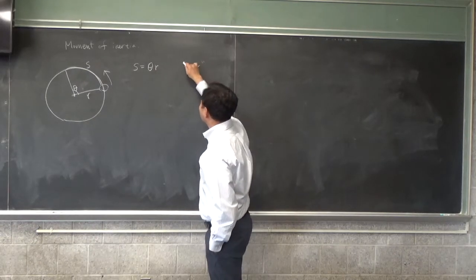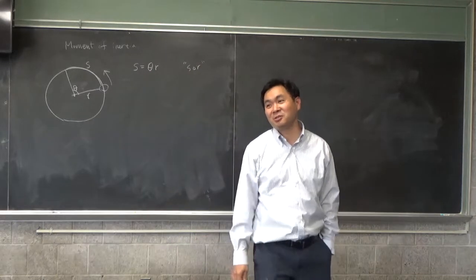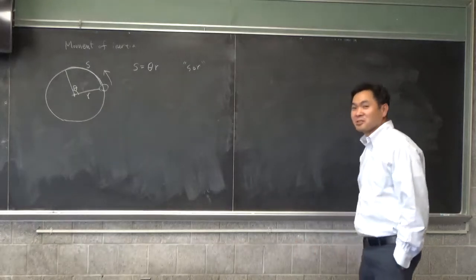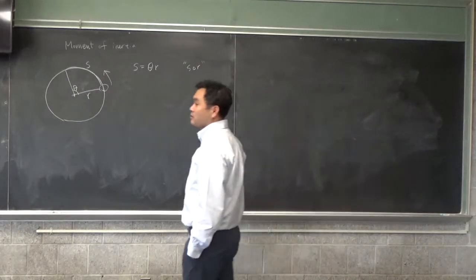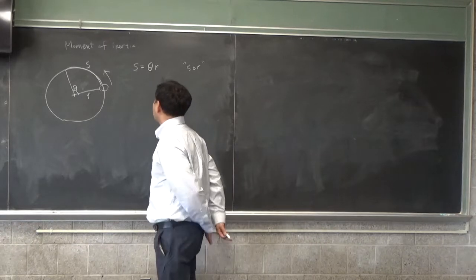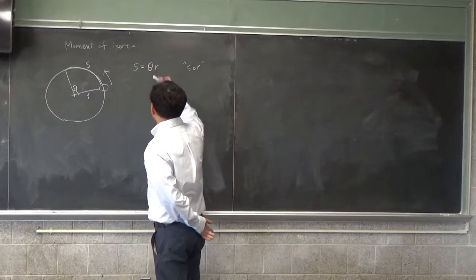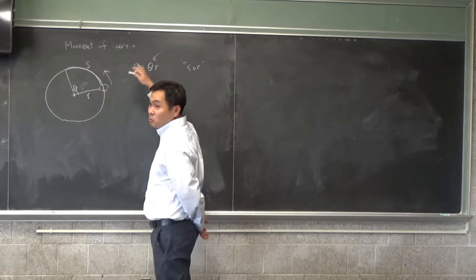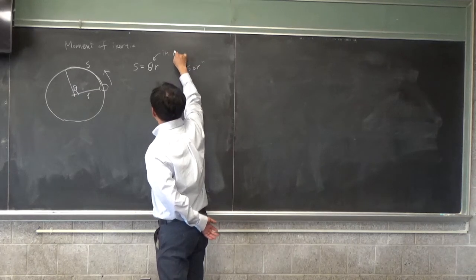We'll just write s = r theta, because your theta looks like an O, right? And simply remember it like SOAR. That's the formula for the length of the arc. And we are assuming that theta is in radians. This formula doesn't work if theta is in degrees. Okay, so this is in radians.